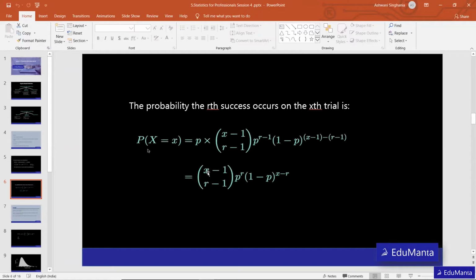X is the number of trials, which will be the variable in our question. r is the fixed number of successes, p is the probability of success, and 1 minus p is the probability of failure, raised to x minus r. So this is the formula.